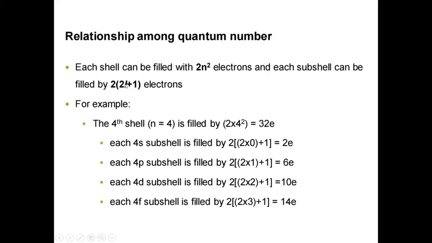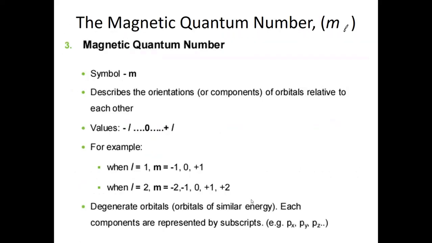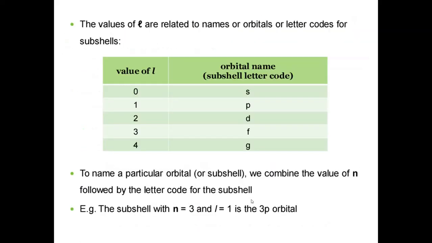Ni formula dia L ni kan? L plus 1. Yang ni maksudnya nilai L lah. Nilai L bagi shell ni. So yang ni L dia adalah bersamaan dengan 1. Yang ni L bersamaan dengan 2. Yang ni L bersamaan dengan 3. Cuba you tengok kat sini balik. Dalam table tadi. Nampak? Kalau S value of L dia 0.